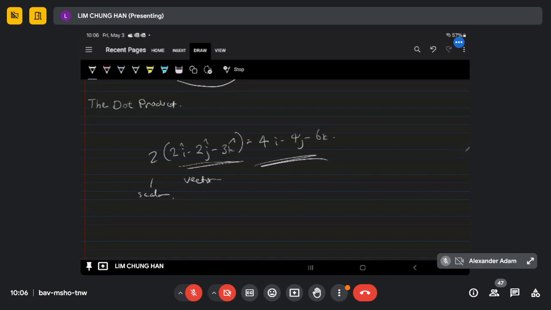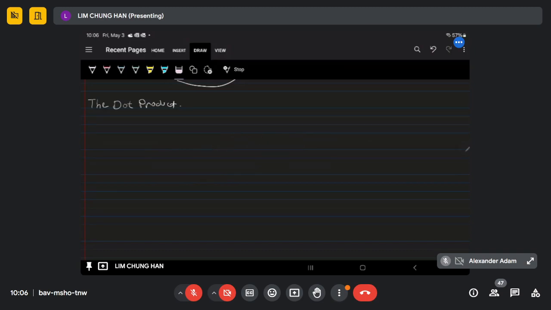What we are doing today is different. What we are doing today is vector multiplied by vector. The dot product is one way in which you can multiply two or more vectors together. Later on we are going to talk about another subtopic called the cross product.